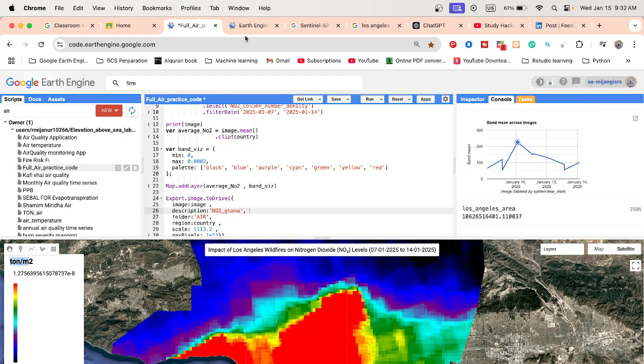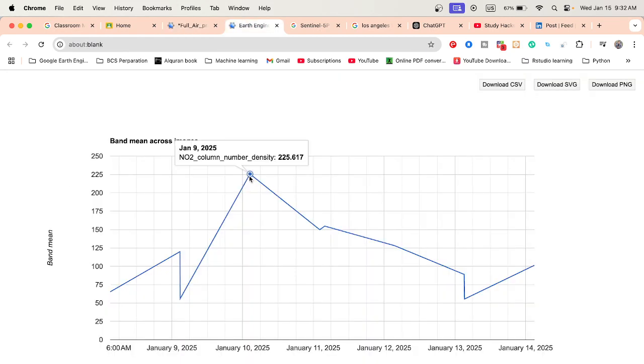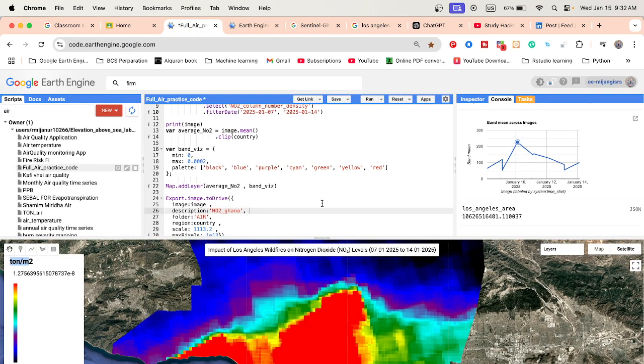If you check this time series chart, we can easily find that the maximum concentration or density is on 9th January, 225.617. Okay, and the minimum is on 12th January, 55.374.